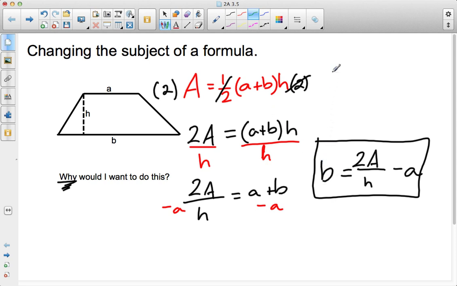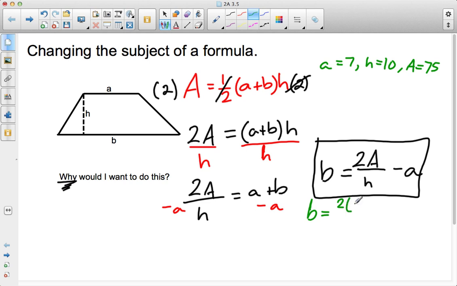So if I'm trying to find the value of b when a equals 7, h equals 10, and my area equals 75, well, now I'm just plugging in values that I already have, and my solution is going to be that subject that I'm looking for.